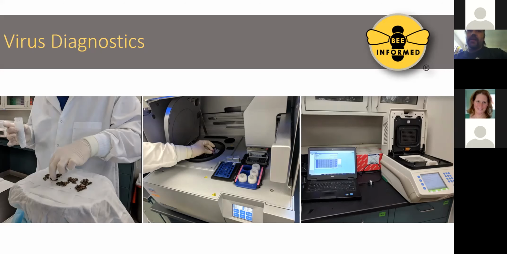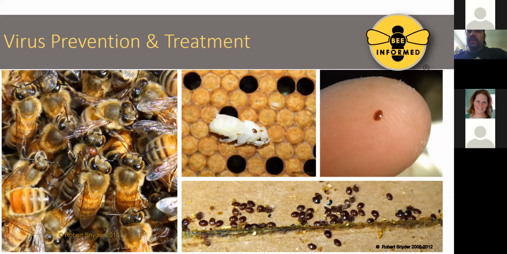That goes to my last slide, which is virus prevention and treatment. Unfortunately, if you have high virus loads already, there isn't much you can do besides requeen and try to get the colonies on good forage. Your best option for prevention is to monitor your varroa mite levels and not let them get above threshold, and the best way to do that is to monitor month by month.